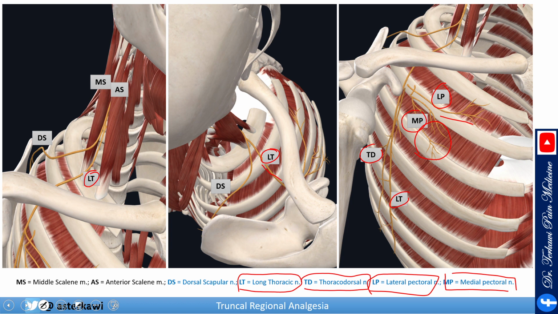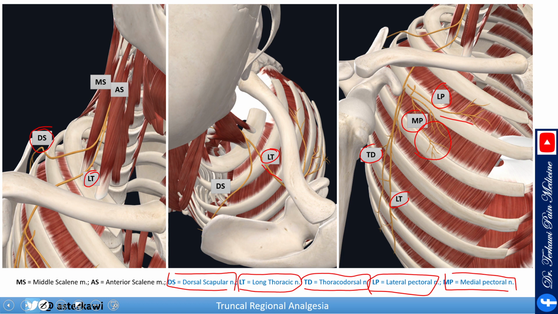The thoracodorsal nerve is adjacent to the thoracodorsal artery, so it's an important landmark, and it innervates the latissimus dorsi muscle. The last nerve I would like you to pay attention to is the dorsal scapular nerve. As you see, it also originates from the brachial plexus, specifically from the anterior ramus of C5 with frequent contribution from C4.